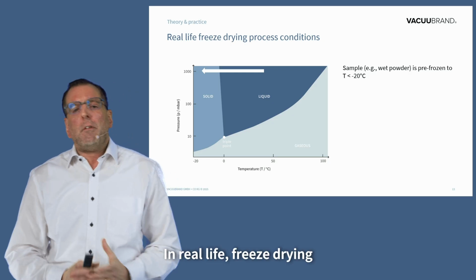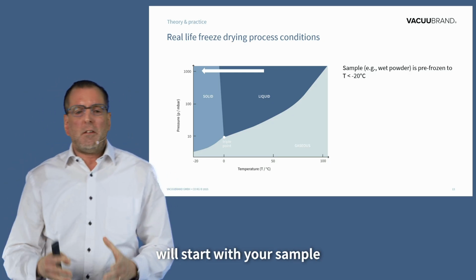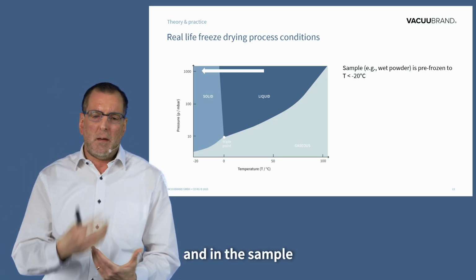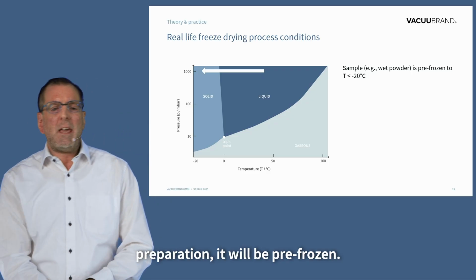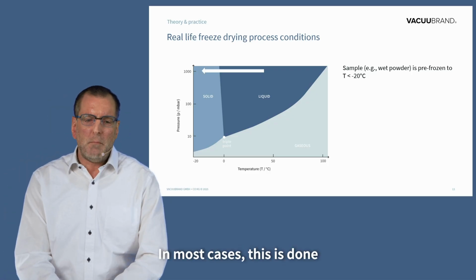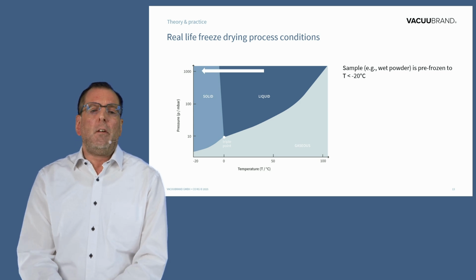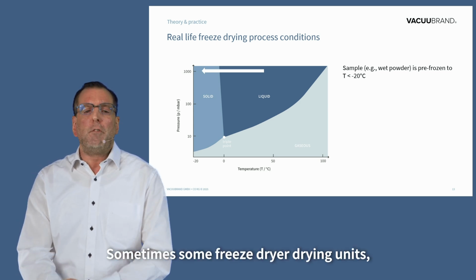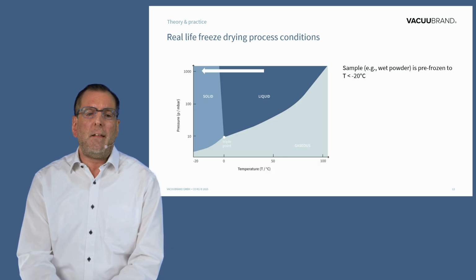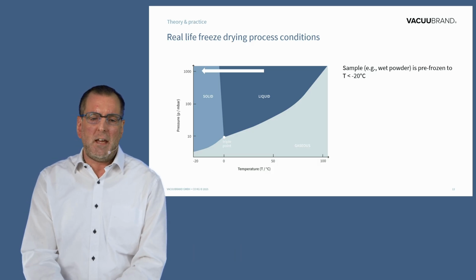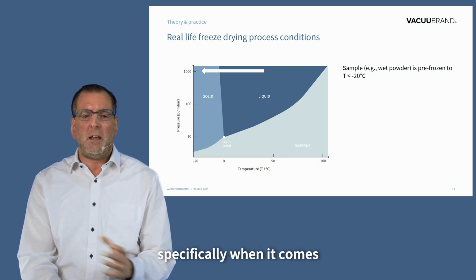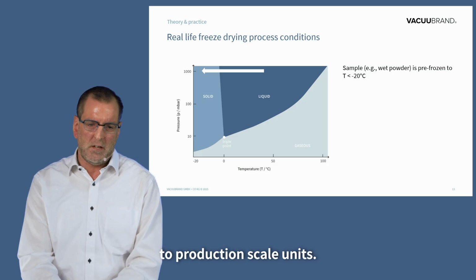In real life, freeze drying will start with your sample, and in the sample preparation it will be pre-frozen. In most cases this is done externally in a deep freezer. Sometimes some freeze drying units offer the freezing stage inside of the freeze drying unit, specifically when it comes to production scale units.